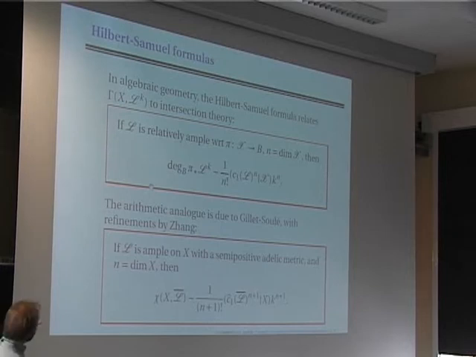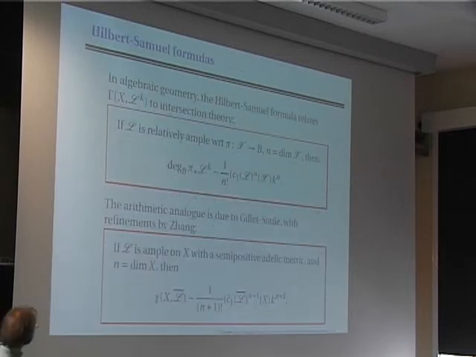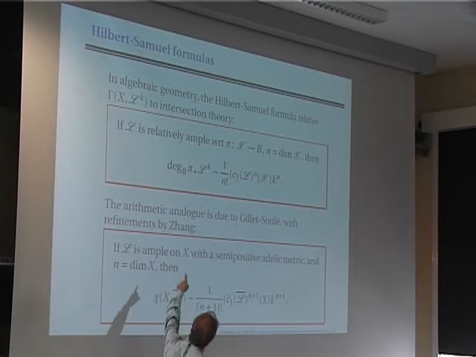So I want to understand the behavior of such numbers, chi of gamma of X, L bar.